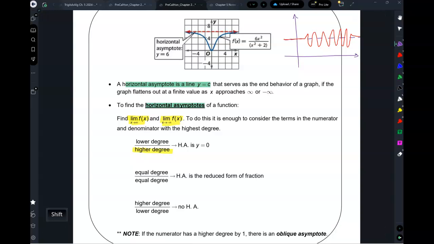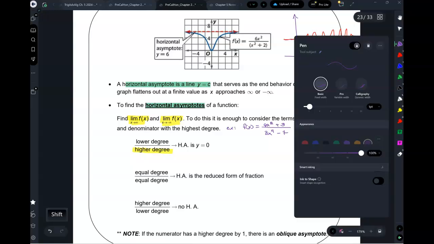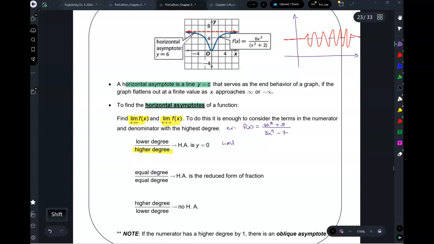For example, suppose your f of x is (6x squared plus 3) over (3x to the 4 minus 7). What we have to do is this. The limit of f of x as x approaches infinity. Again, you only take the leading terms, so this is the limit as x approaches infinity of 6x squared over 3x to the 4.